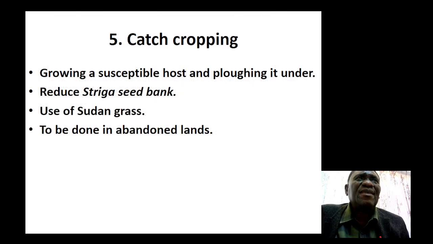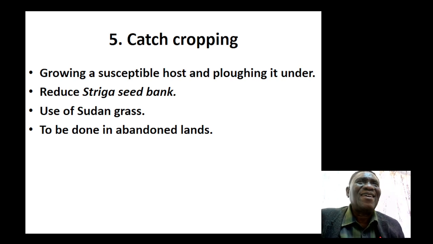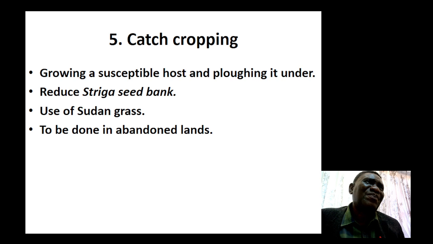Catch cropping, that is growing a susceptible host and plowing it under. So what you are saying is that you allow farmers to grow crops, and at flowering, you say destroy that crop in order to reduce the Striga seed bank. But this may not be attractive to farmers because they don't want to waste their time.